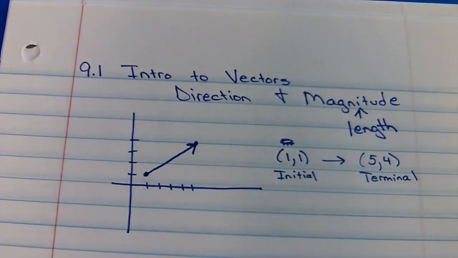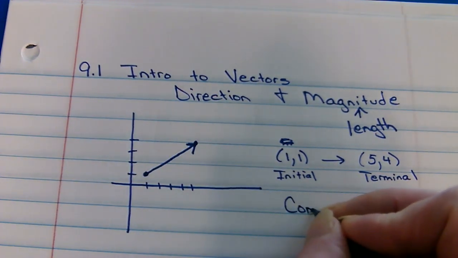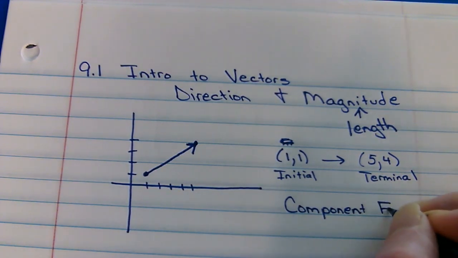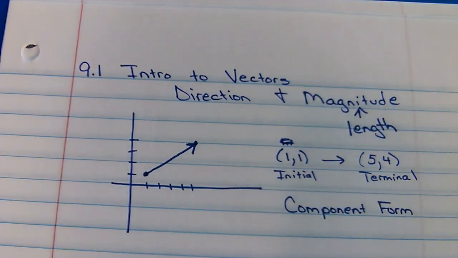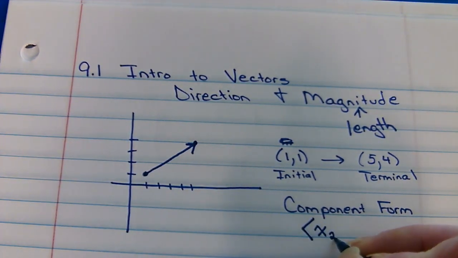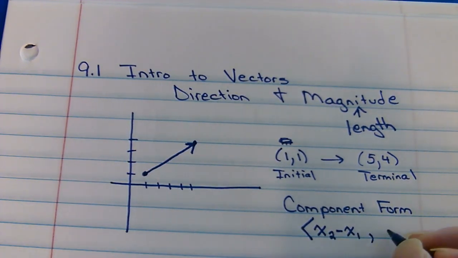Now, one way we can write this vector is in what's called component form. Component form means I'm going to take the change in the x's and then the change in the y's.